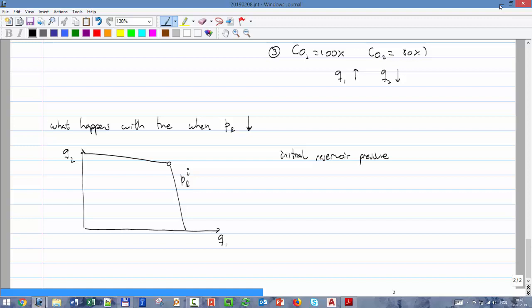How do you think the area will change if reservoir pressure drops? It will shrink. Why? Because if now my reservoir pressure is less, the open choke point might be here, and I will be able to produce less from 1 and 2.